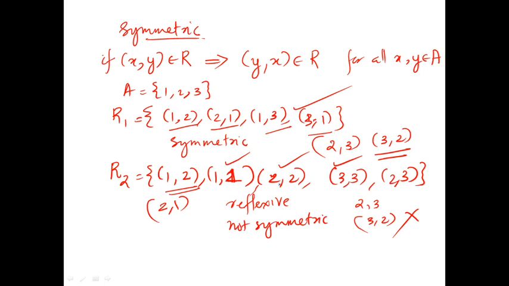So, we should think about it this way: if (x,y) is present, there should be a corresponding (y,x) present in the relation. That is known as a symmetric relation.